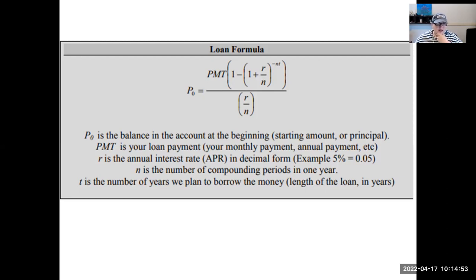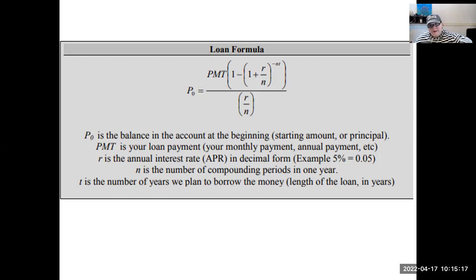Definitely not for vehicles. R is your annual interest rate in decimal format. N is the number of compounding periods in 1 year. So just like with the loan formula, the annuity formula and the compound interest formula, the N is the number of times that you are making your payments. So how often are you making your payments?